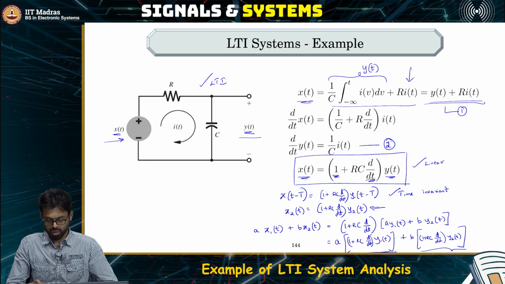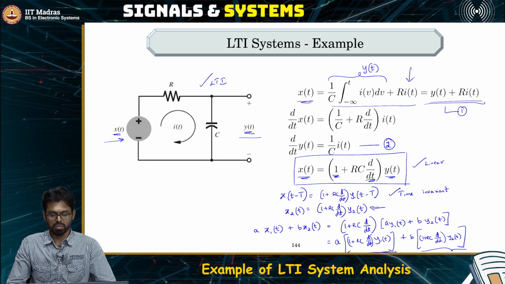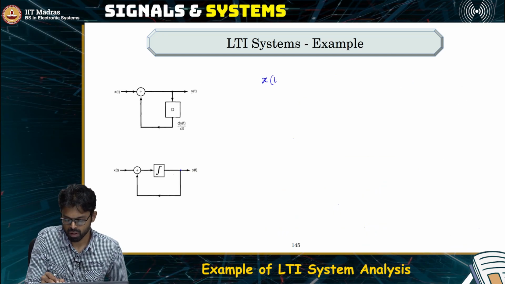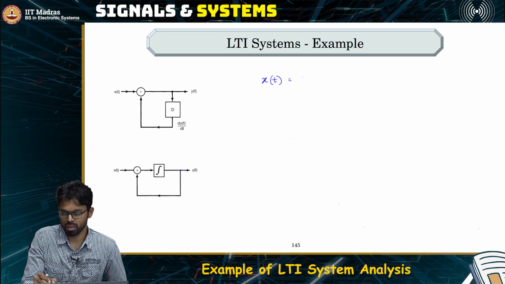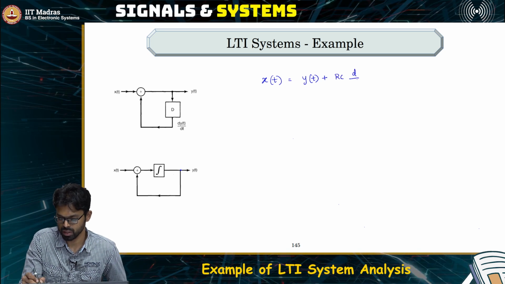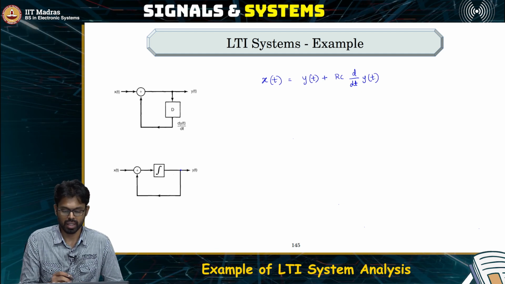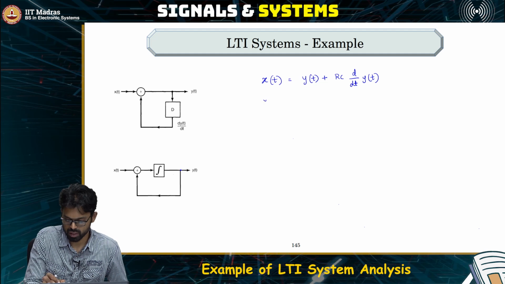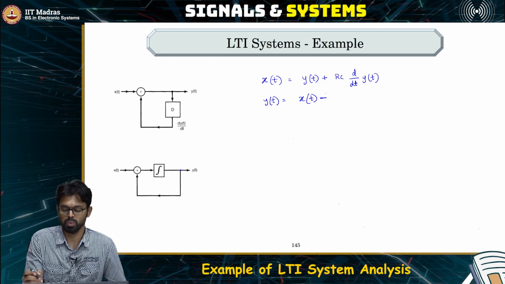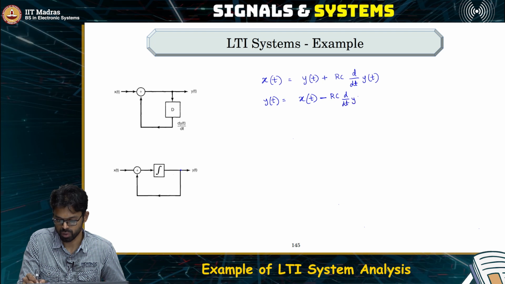So which is great. So now we have an input-output relationship which is given to be an LTI system. So we can simplify the representation of this circuit, because we can write the input as the output plus RC times d by dt of y of t, which means I can say that the output y of t is nothing but the input subtracted with the scaled version of the derivative of the output.